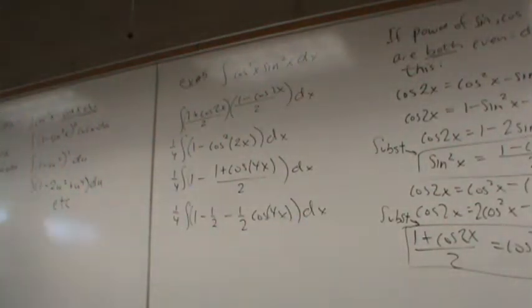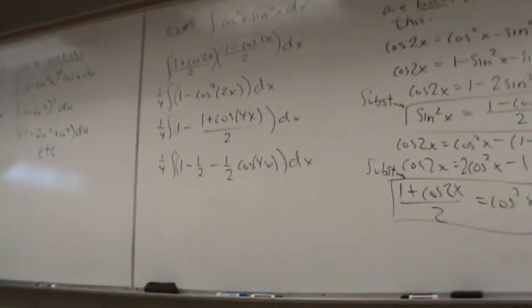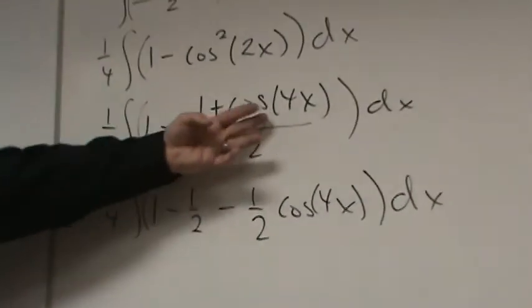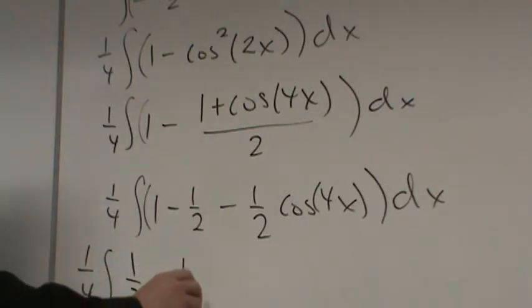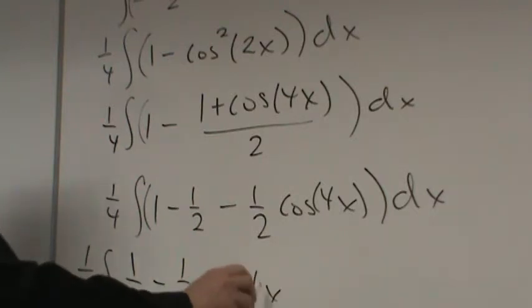You guys okay with that? I just split up the fraction, but I had to distribute this minus sign. So I get 1/4 times the integral of 1/2 minus 1/2 cosine of 4x.